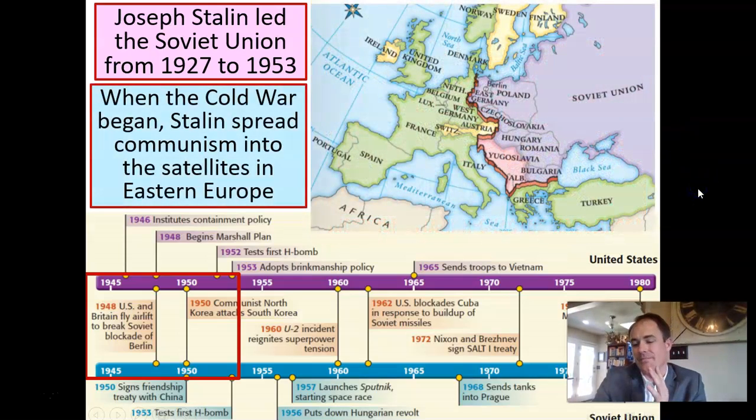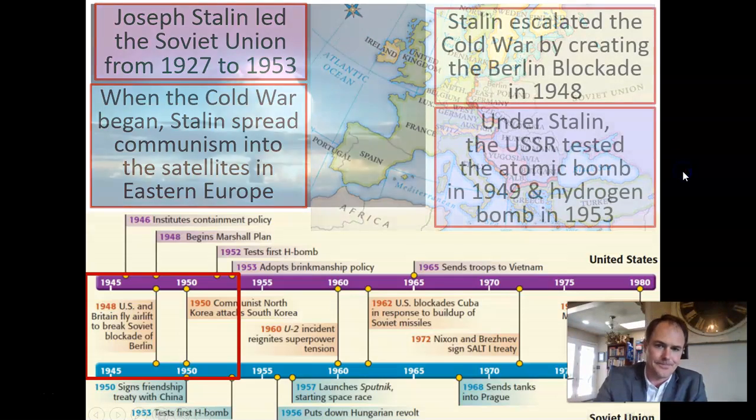And remember, the Cold War begins partly because Stalin spread communism into the satellites in Eastern Europe. Remember, satellites are these friendly nations nearby. Poland, Czechoslovakia, Hungary, Romania, Bulgaria, all adopted communist-style governments.